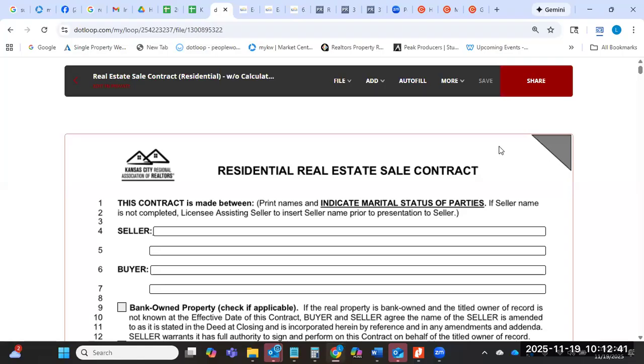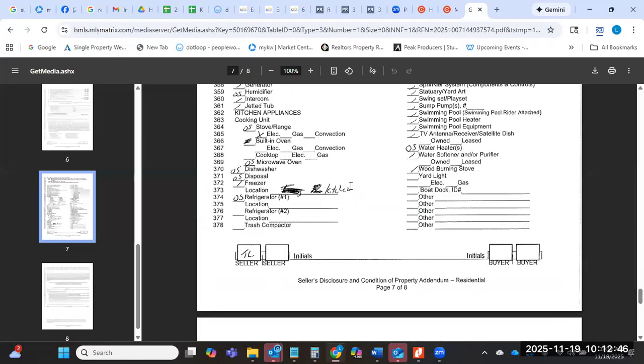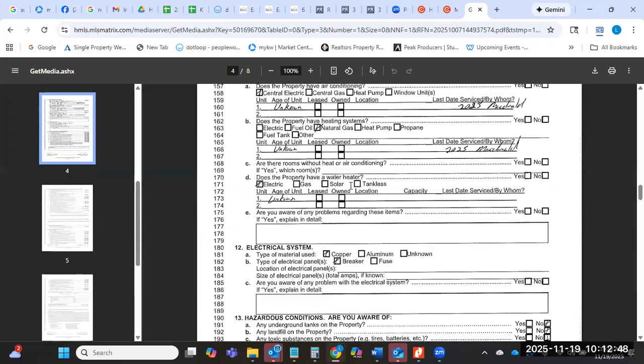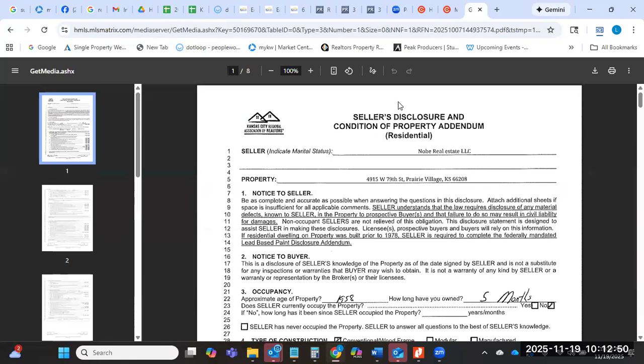Okay, seller's name. As we go back to our seller's disclosure, which is why I kept that pulled up, this is where I would pull the seller's name from. Yes, it's available in the tax records, and we'll get to that in a minute, but tax records aren't always updated, especially if the sellers only owned the property for 5 months.